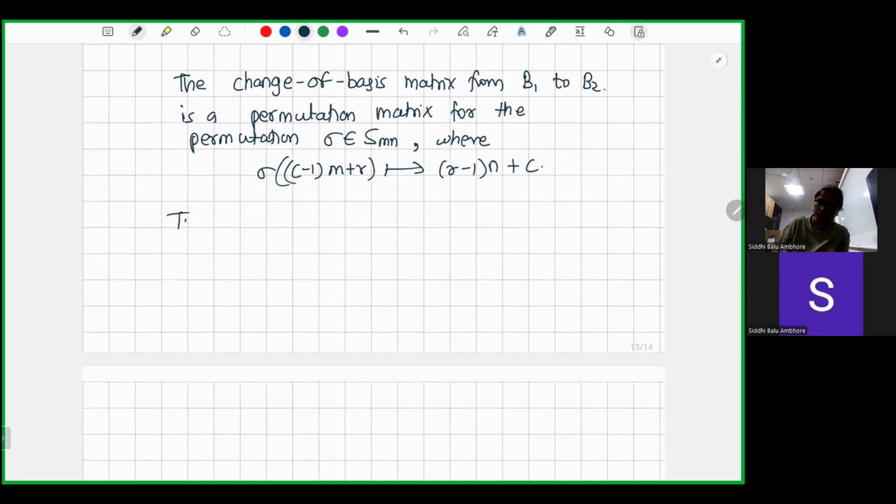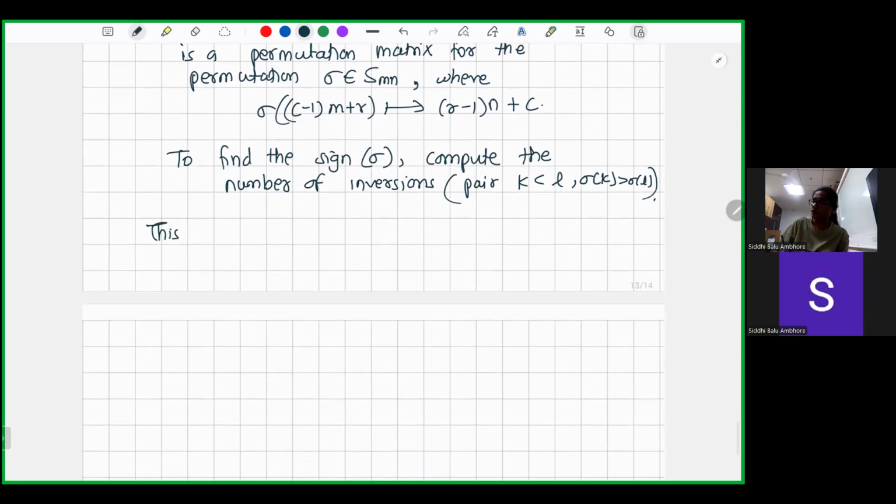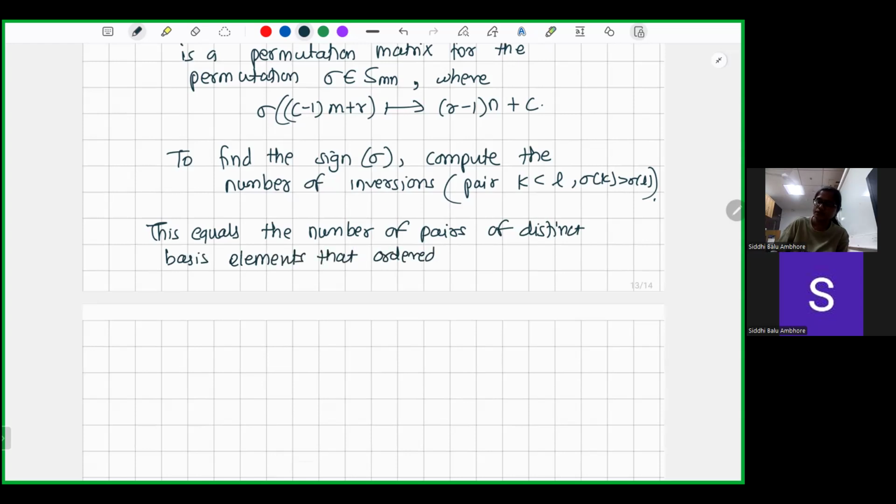To find the sign of sigma, we compute the number of inversions, that is, pairs k less than L such that sigma of k is greater than sigma of L. This equals the number of pairs of distinct basis elements that are ordered differently in B1 and B2.